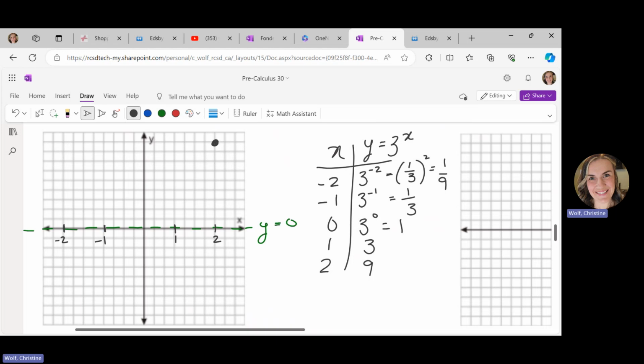That's actually my top point because I know my graph is going to kind of trend like this. So that's my ending point, and they're going to come down smaller. Okay. Then I have when x is 1, y is 3. When x is 0, y is 1.